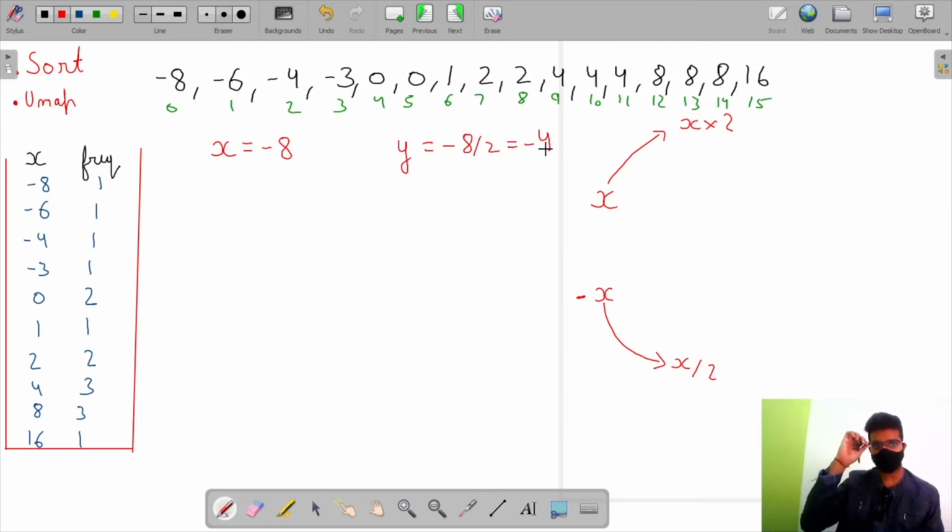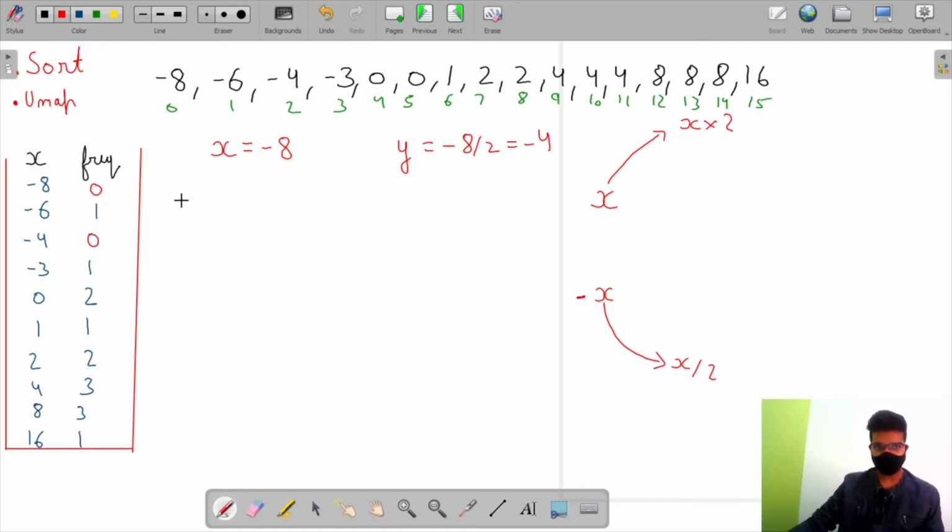So now we are going to check if our map got -4. Yes, our map got -4, so we can make them a pair. So -8 and -4 are going to be a pair. We are going to reduce its frequency because we are using it, making them a pair.